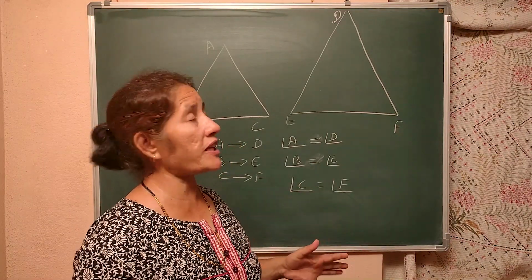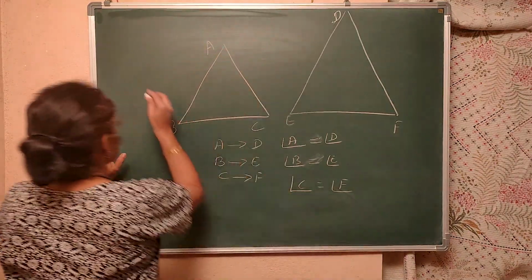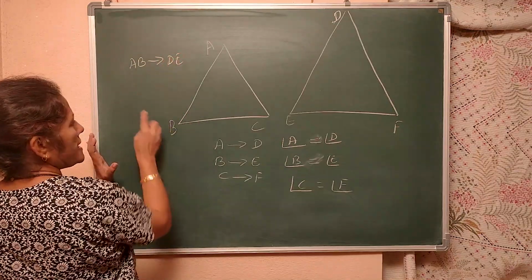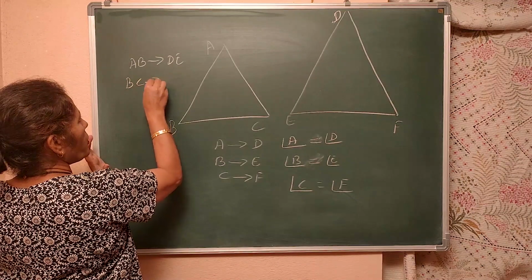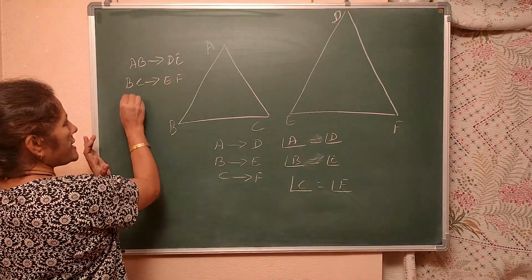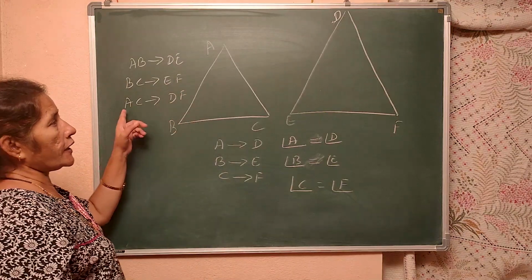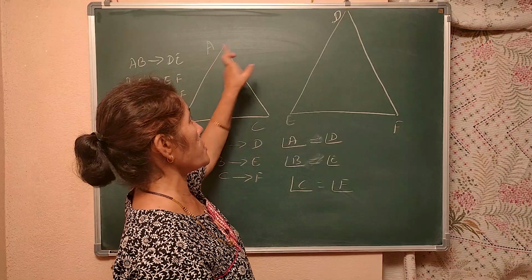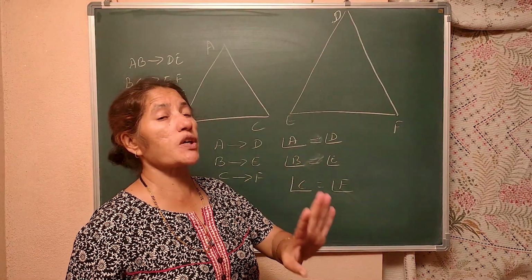Which are the corresponding sides? Side AB corresponds to DE. Side BC corresponds to EF. And AC corresponds to DF.